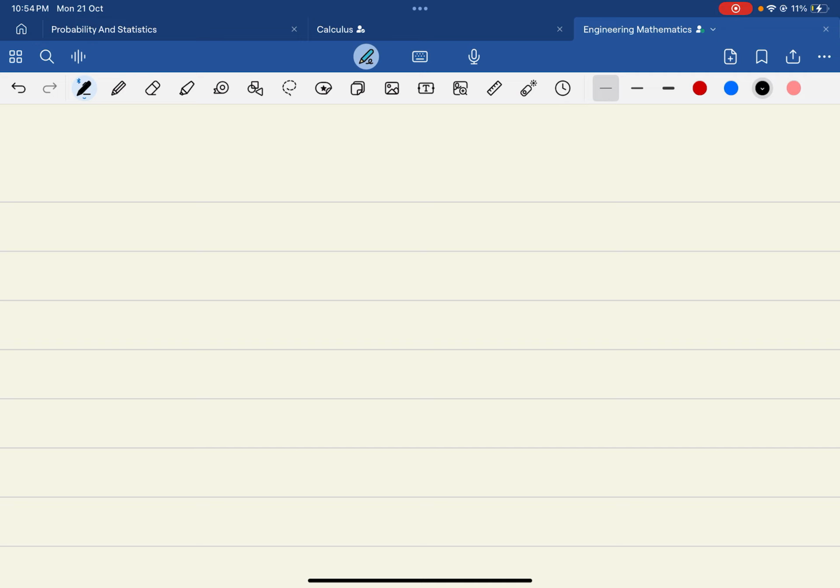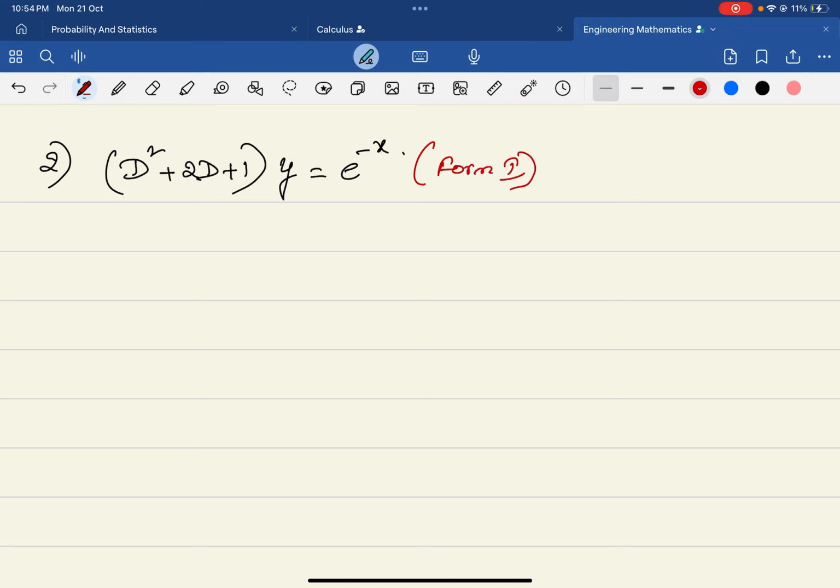So let us take this problem now. d square plus 2d plus 1 y is equal to e raised to minus x. So it is given that it is e power minus x, so definitely it is form 1. In the exam, it will not be given whether it is form 1 or form 2 or form 3, so you have to identify by seeing the right hand side of the equation. Now the auxiliary equation is m square plus 2m plus 1 is equal to 0.